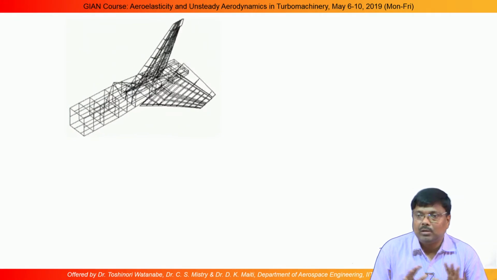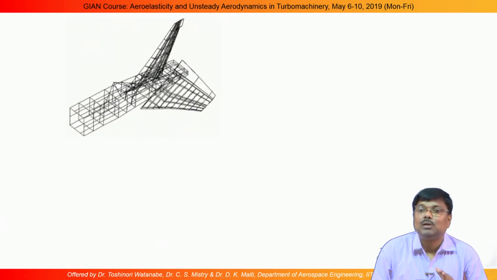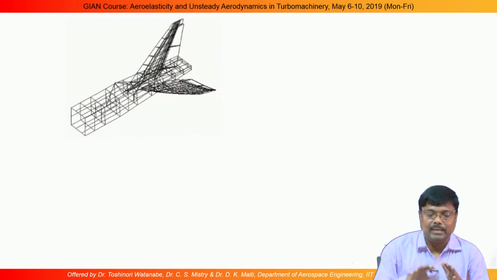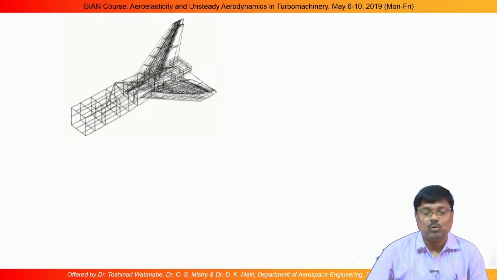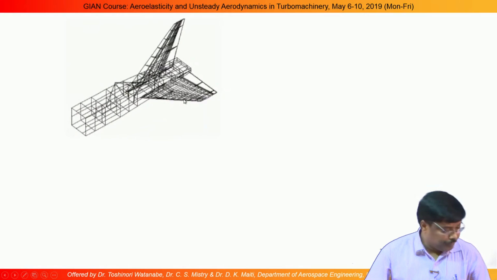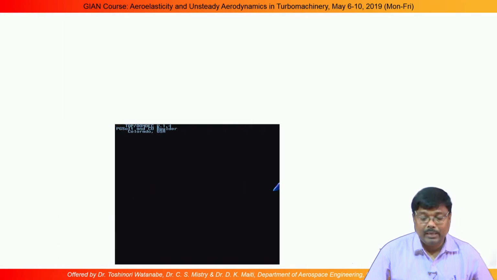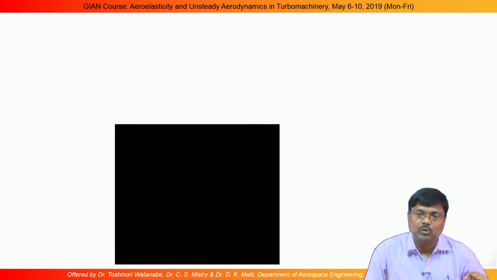If we fly beyond that, what will happen? It will start oscillating like this. This is some simulation. Whatever we are finding, it is not failing, but it is oscillating. We can have another type of simulation with a full aircraft. This is simulated in some software, most probably MSC Nastran.